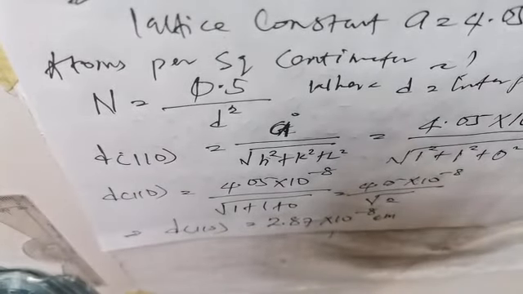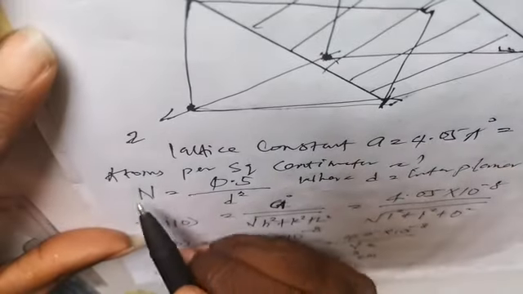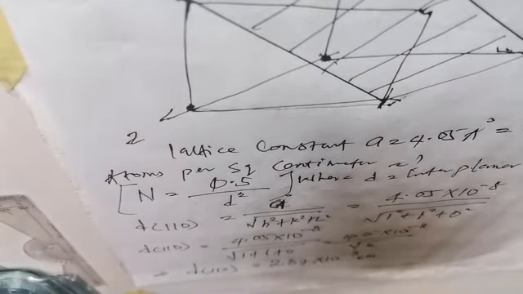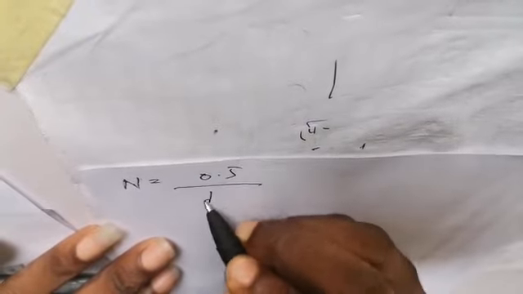If you have this to be the interplanar spacing, now we need to find the atom per square centimeter. Like I said, you simply use this as your formula. n is equal to 0.5 divided by d squared. Now we have n, the number of atoms, equals 0.5 over d squared.